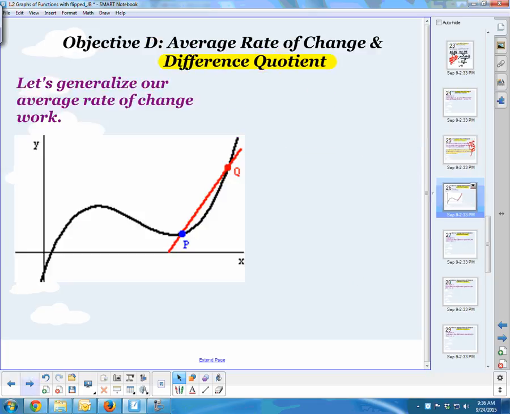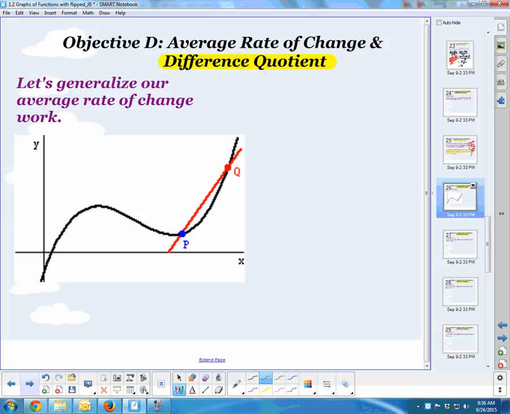So if I go back to our illustration of our average rate of change, and we want to generalize it for any two points, we are going to change our formula slightly.